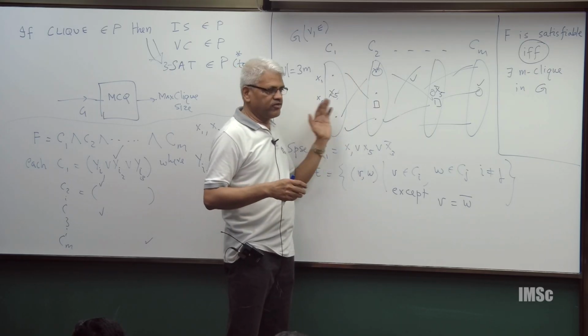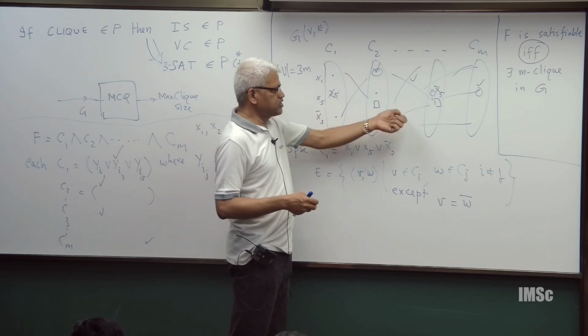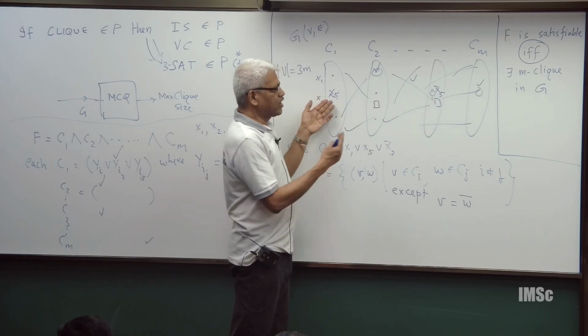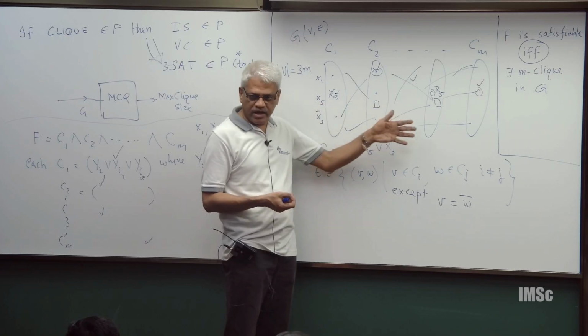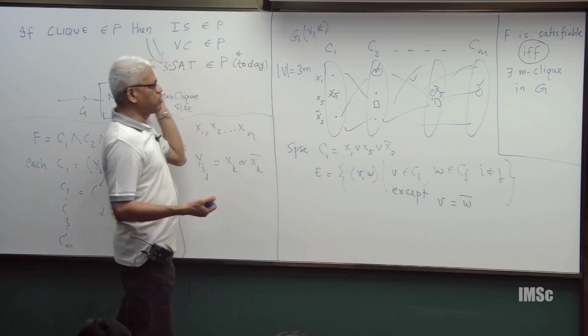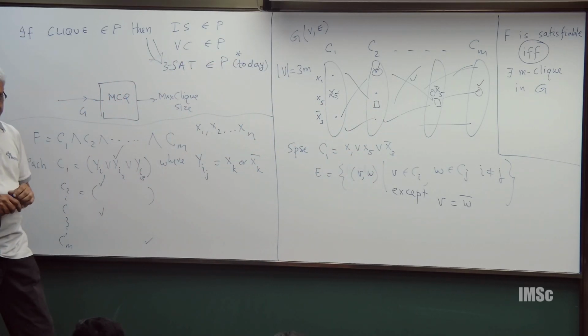Conversely, if you have a clique, you must pick one from each of these, and these guys cannot be negations of each other, because they form a clique, and so they would correspond to a satisfying assignment. Okay. Good.